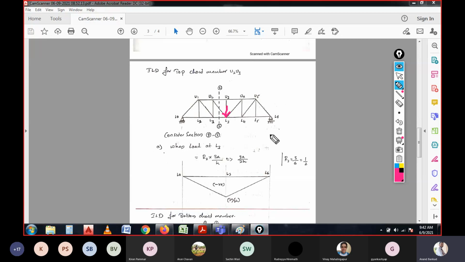So moment at L3 will be again R2. R2 is at the point for 1, 2 and 3 span. So 3 by H, just we are substituting R2 is equal to 3 by 6, right?